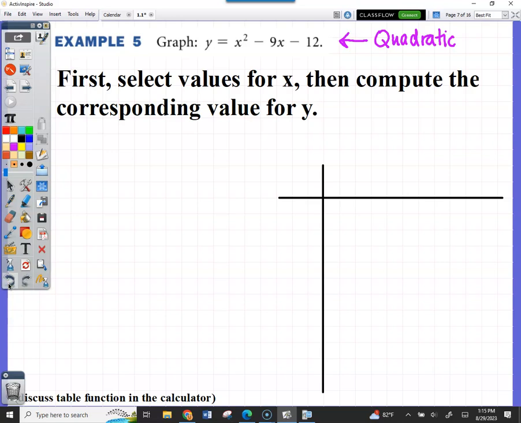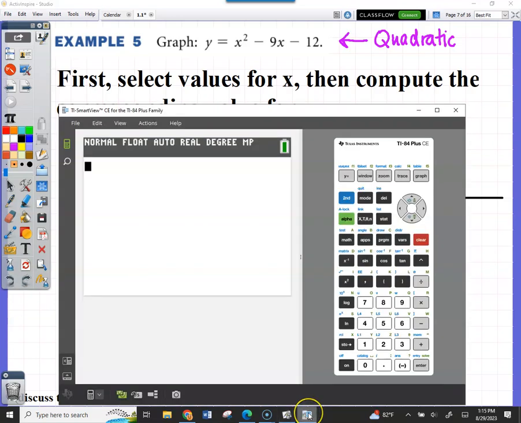Quadratic is another type of equation. You should be familiar with quadratics. It is when the expression has x to the second power in it, or if it was a binomial raised to a second power, if you multiplied that out, it would have x squared.